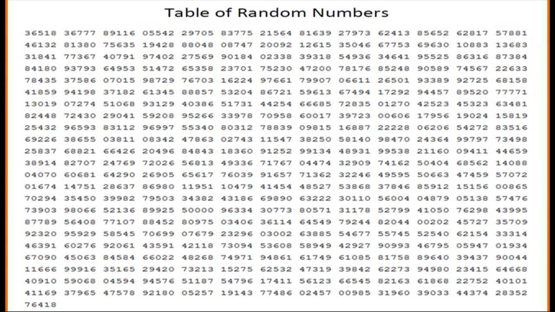Just for example, in this case I happened to choose this with closed eyes. So following our procedures, it doesn't matter if we start taking the numbers to the right, to the left, or down. So it is okay whichever way you like to take the numbers.